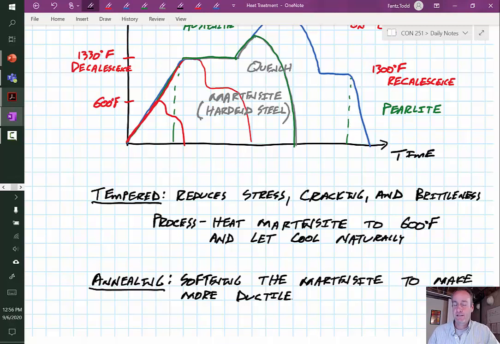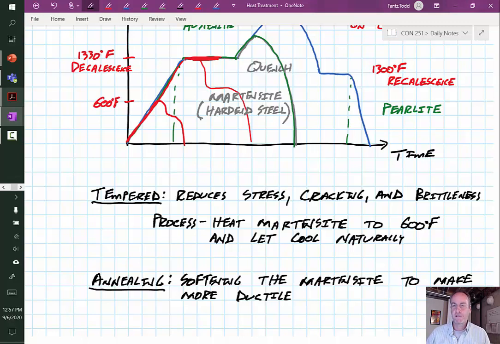And of course, you can imagine that it is somewhat time dependent. So the longer we're on our little horizontal segment here, the more it's almost like reversing the process, right? The more we will reverse the process of the heat treatment.